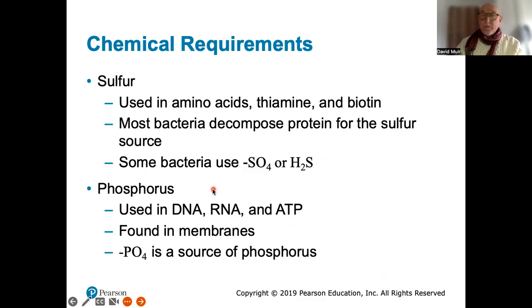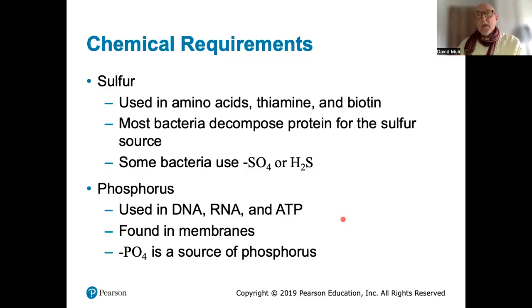Phosphorus is the next important element, used in DNA, RNA, and various things that are phosphorylated. Those phosphate groups, as we've heard before, are very often a way to make energy available. Transfer of phosphate groups may, along with it, transfer energy from one substance to another.